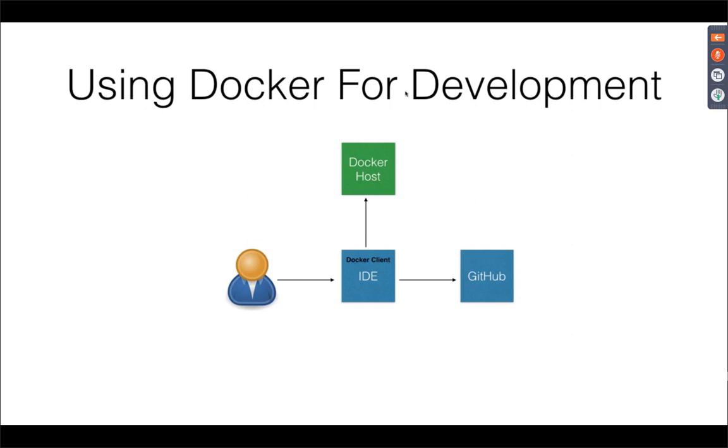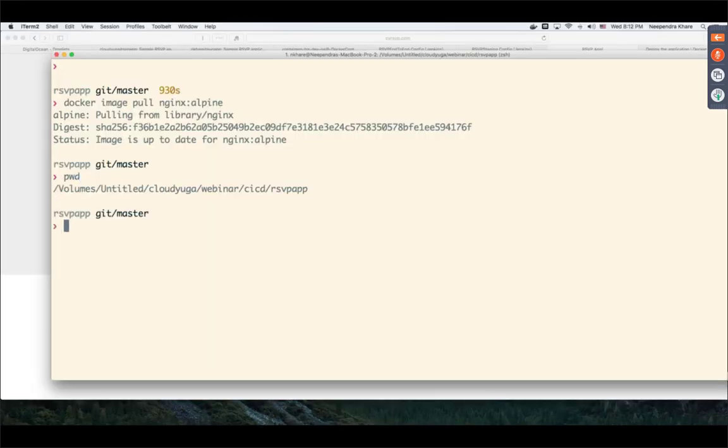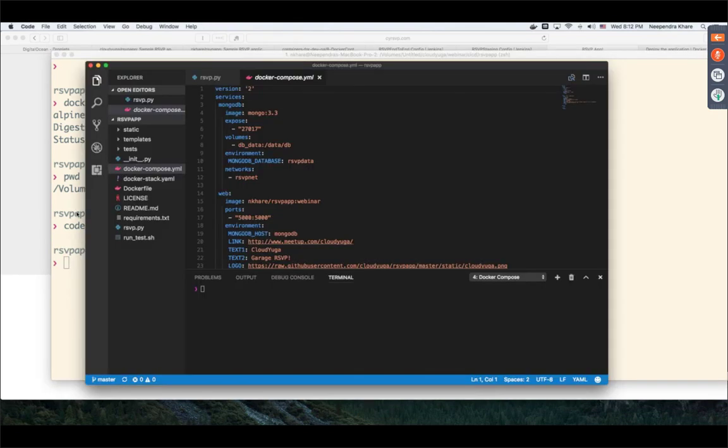I have the source code repository, which is currently in the RSVP app folder, and I'm going to use the code command to start the IDE. What we see on the screen is a Docker Compose file, which I was talking about earlier.